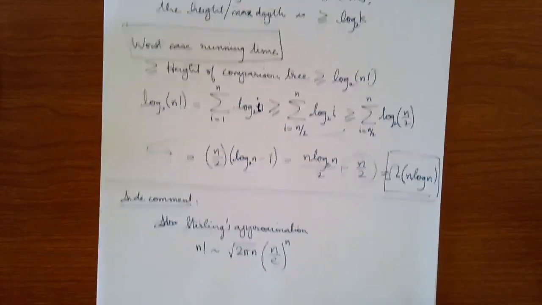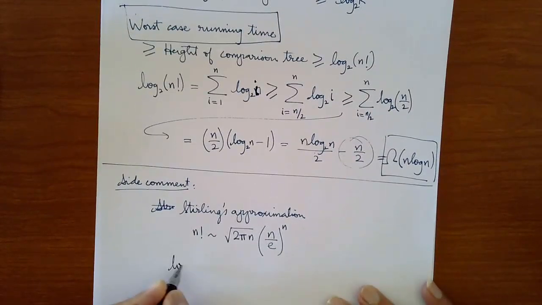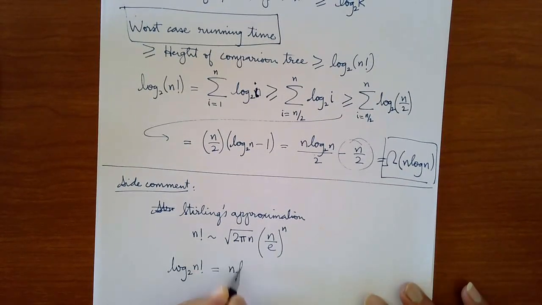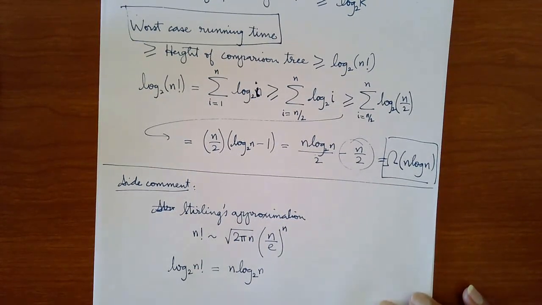So if you use Stirling's approximation, then the log base 2 of n factorial is basically n log base 2 of n, minus essentially some kind of n term, minus something that is really small.